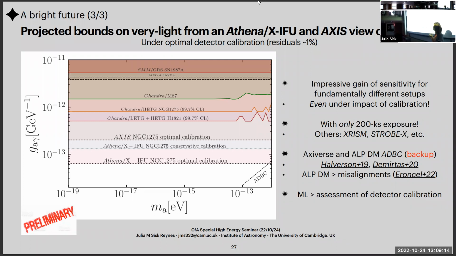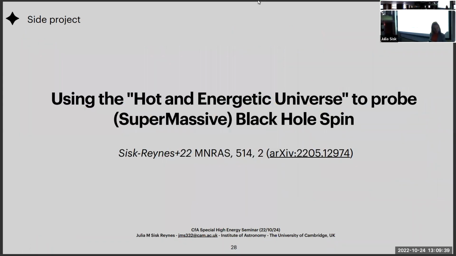This is exciting because it highlights the power of next generation missions, which are fundamentally different in their setup to constrain these particles. And I just want to highlight that Athena might be complementary to certain lab experiments that will be built in the near future to probe the realm of axion-like particle dark matter.